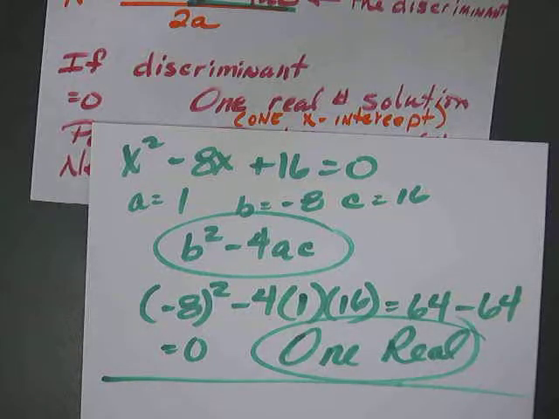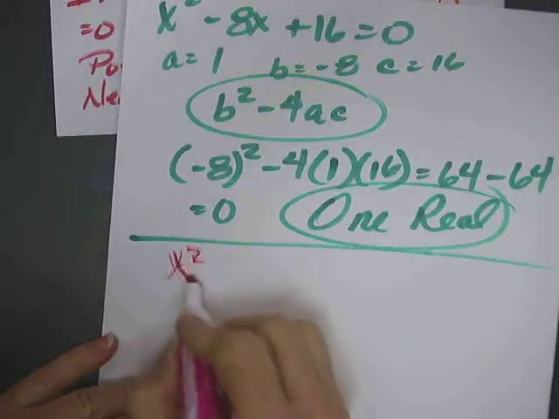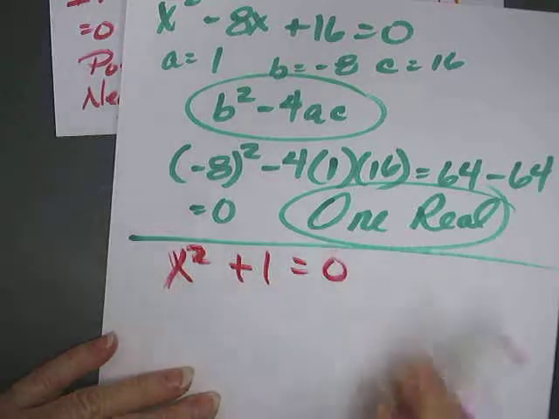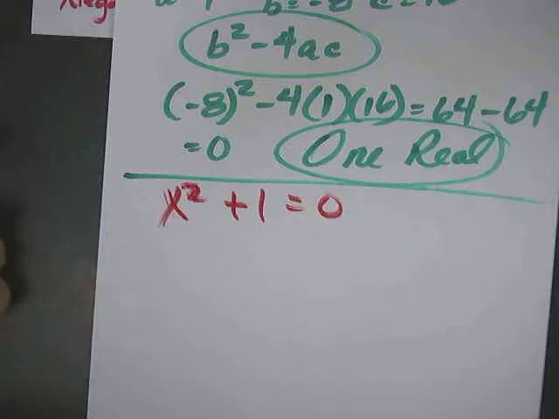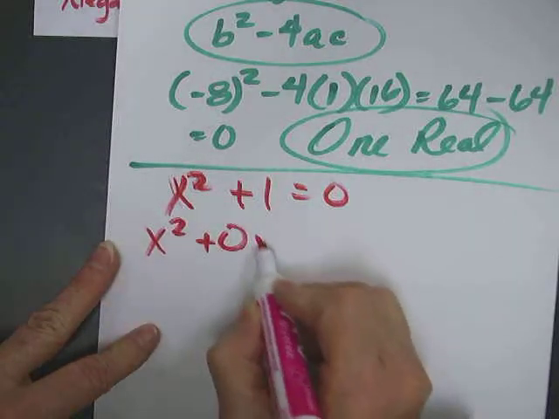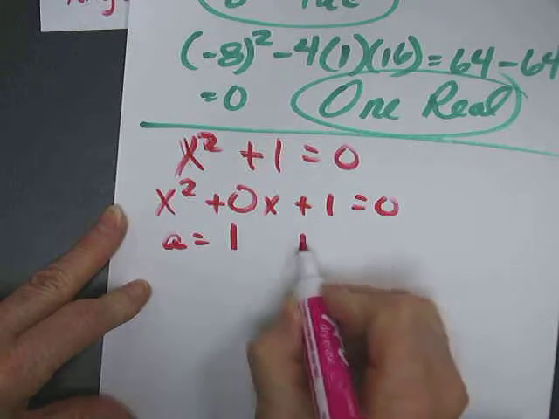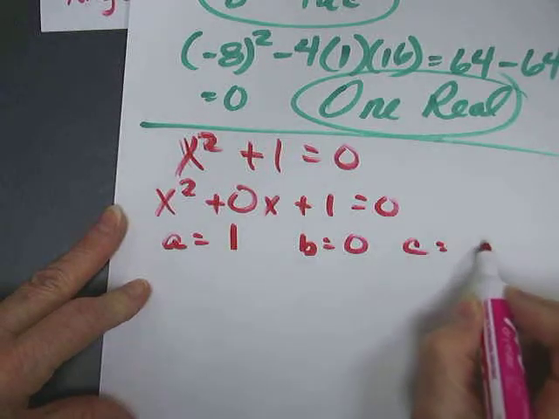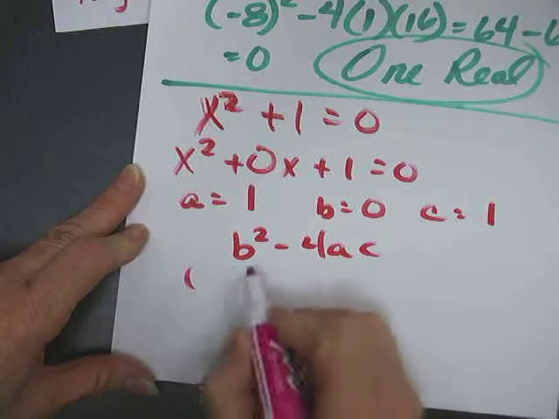Okay, x squared plus 1 equals 0. Is there an x term? You see an x? There's no x, there's an x squared. So that's like saying x squared plus 0x plus 1, right? So the a, the b, and the c.